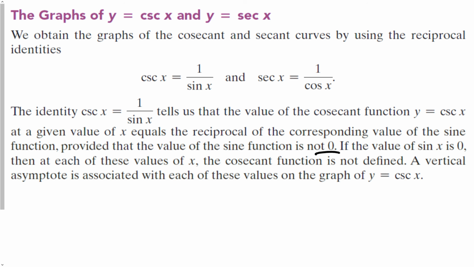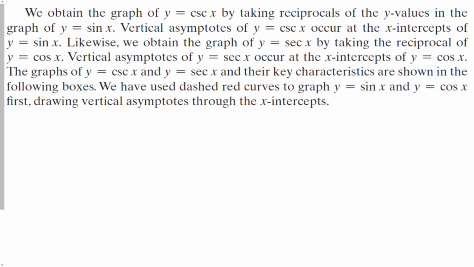So we're going to obtain the graph of the cosecant by taking the reciprocals of the y values of the sine. Vertical asymptotes of the cosecant occur at the x-intercepts, and for secant, we're going to do the same thing with cosine. There's going to be a vertical asymptote everywhere the cosine is equal to 0.